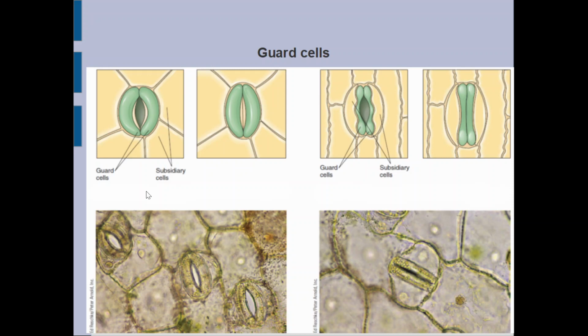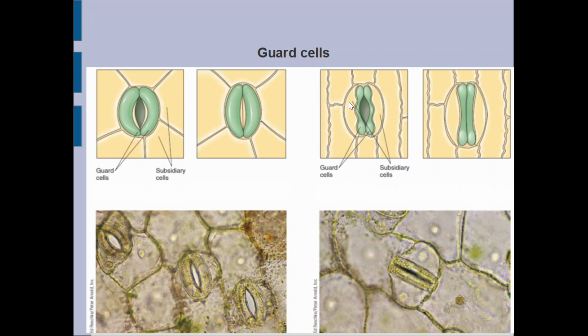Stomata have two cells, guard cells, and subsidiary cells. So this is the open state and this is the closed state. If you look under the microscope, it looks like this. This is the closed state and this is the open state, and sometimes they can be a little bit different.